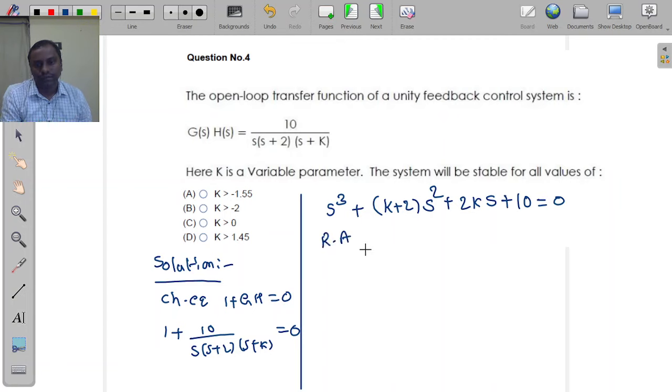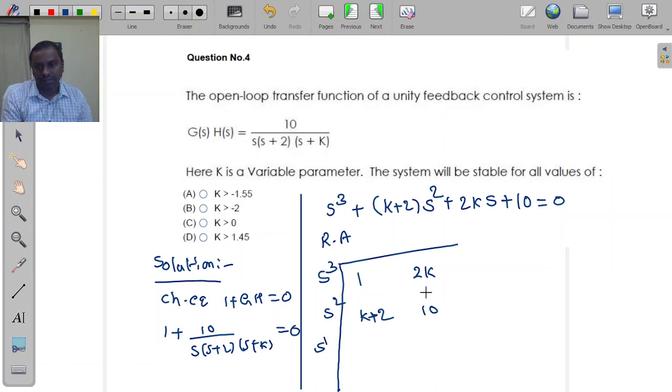Forming the Routh array: s cube, first coefficient 1, leave the next, take the next 2k; s square, k plus 2, and here it is 10; s power 1, k plus 2 into 2k, this will become 2k square plus 4k minus 1 into 10 minus 10 divided by k plus 2; s power 0, this into this minus this into this, so again you will get 10.